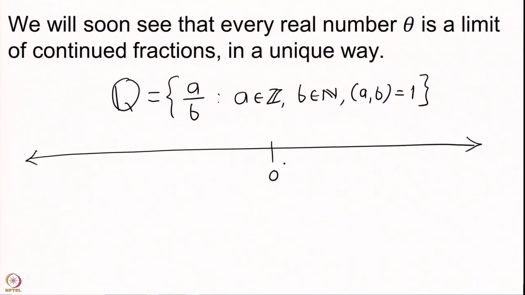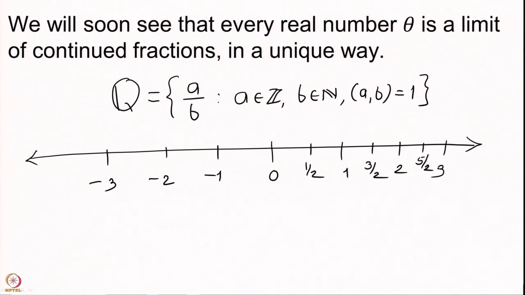You have 0, you have 1, 2, 3, minus 1, minus 2, minus 3. Then you have 1 by 2, this is 3 by 2, 5 by 2, minus 1 by 2, minus 3 by 2, minus 5 by 2, and so on.